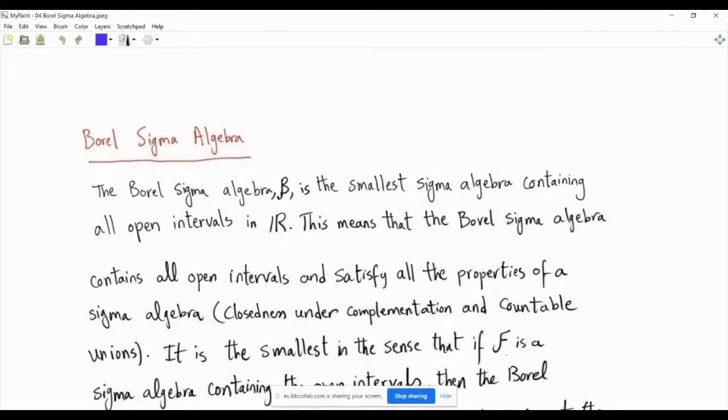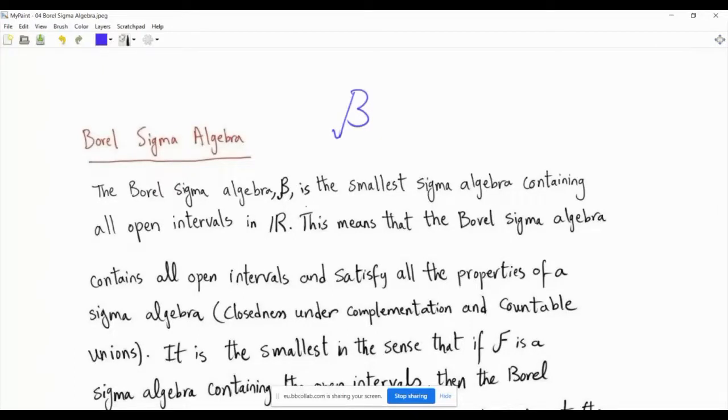There is a standard sigma algebra that is used, and this will be the focus of this course. It's called the Borel sigma algebra.